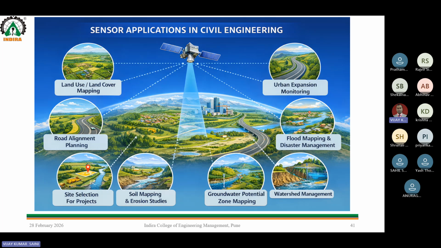Satellites are useful when you do land use and land cover mapping. They are also used in road alignment and planning. If you are taking the initial survey of where you want to take the road, the alignment is perfectly done with this. Same way, if you want to select a site, you can see how useful it will be, or optimize different locations for development of a project. This is particularly important.